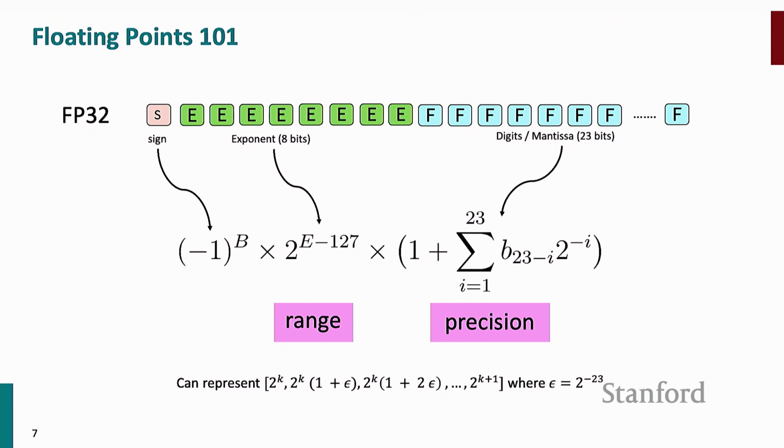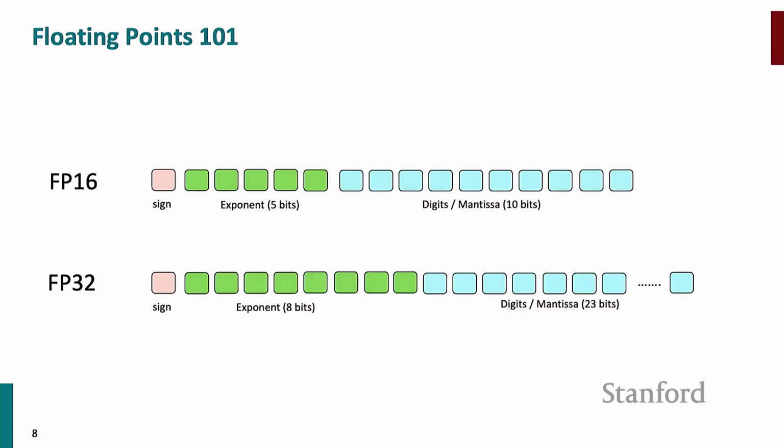The larger the stuff in green is, the more numbers you can represent, which means smaller numbers and also larger numbers. And the more stuff in blue we have, the greater the precision in representing actual numbers, okay?